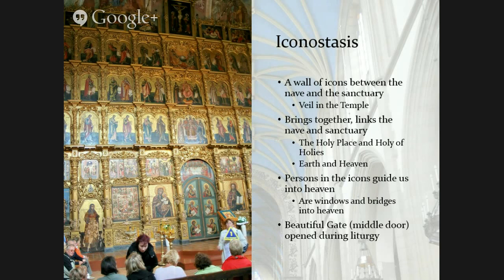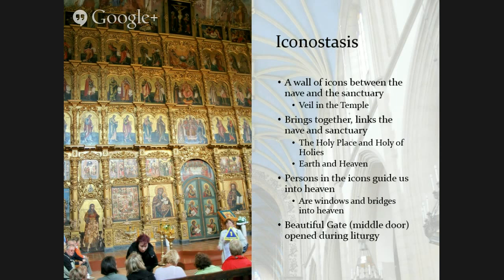It goes all the way back to the tent and the temple in the Old Testament. We'll talk about this more next time when we talk about the theology of church architecture. You've got the first part of the tent or temple, which you could call the nave, and then the Holy of Holies, or the sanctuary.